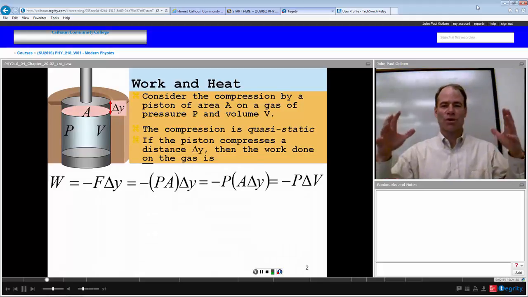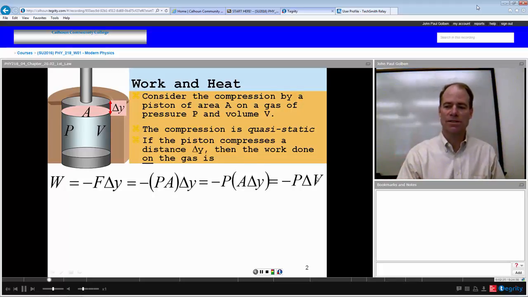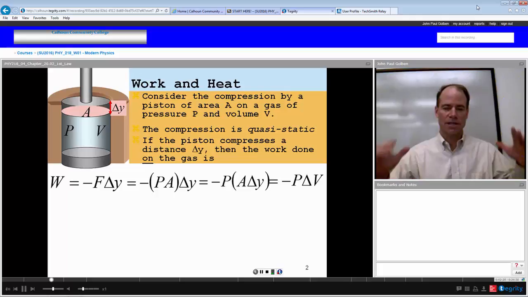And now as we're compressing this gas, the final volume will be less than the initial volume, so I can imagine that this delta V is going to be a negative quantity, and hence we're doing work on the gas as a positive value because it's going to be negative.